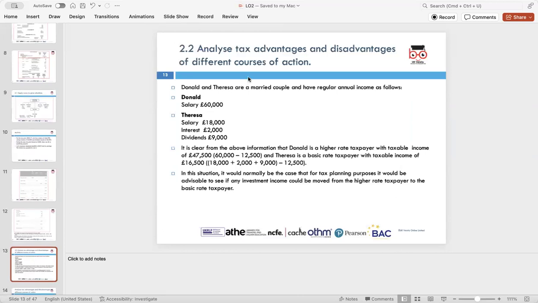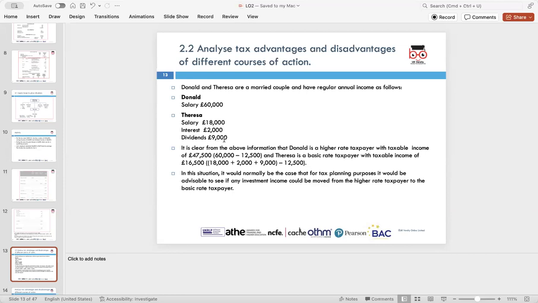So next is to analyze tax advantages and disadvantages of different courses of action. So Donald and Trisha are a married couple and have regular annual income as follows. Donald's salary is 60,000, Trisha's is 18,000, interest 2,000, dividend 9,000 pounds.